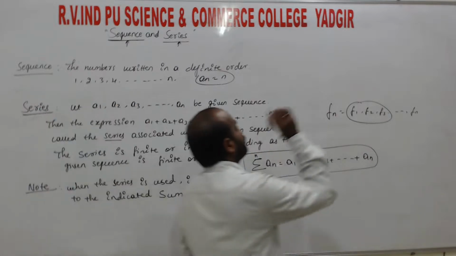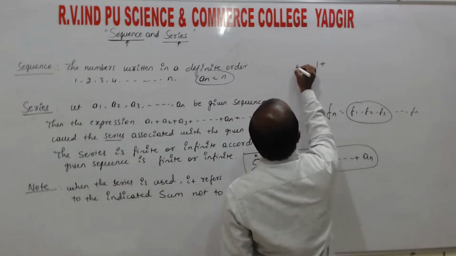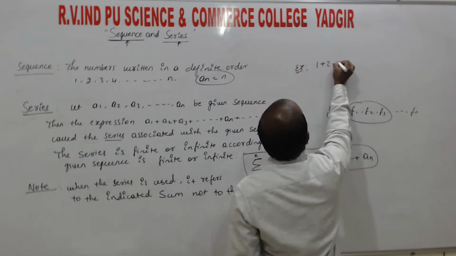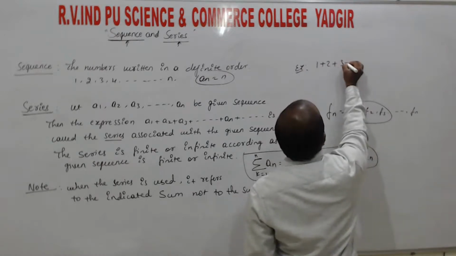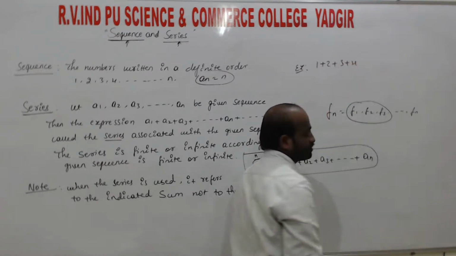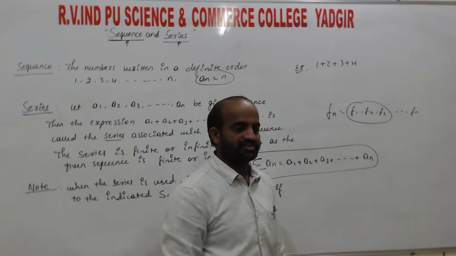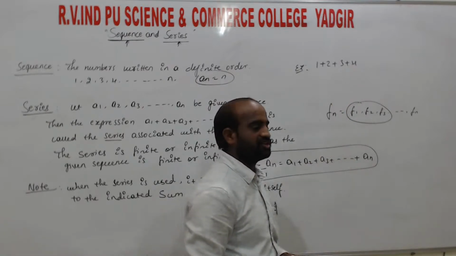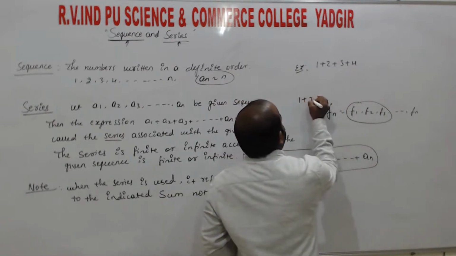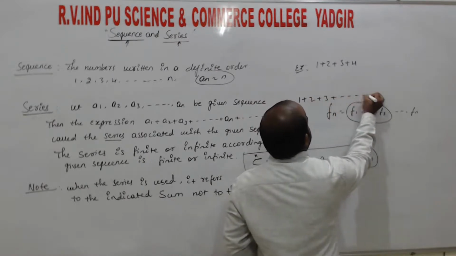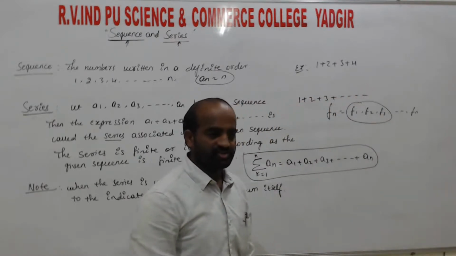For example, 1 plus 2 plus 3 plus 4 is a finite series. 1 plus 2 plus 3 plus and so on is an infinite series.